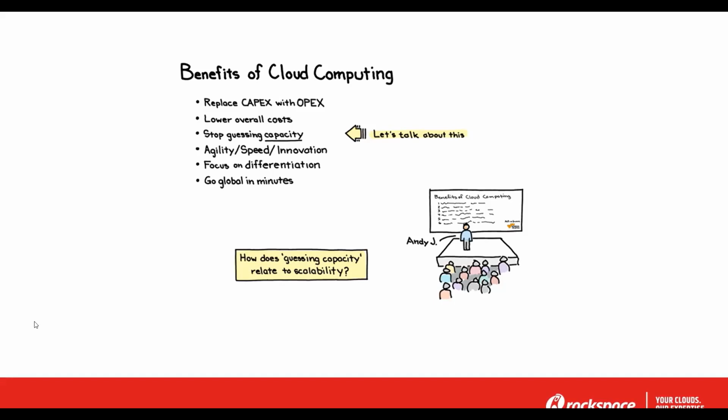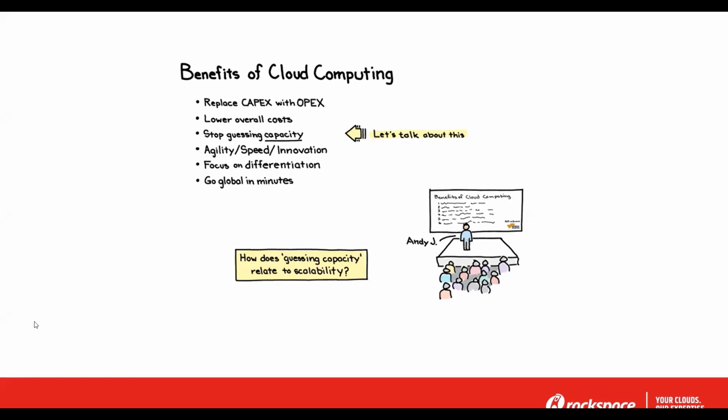You also, one of the benefits of moving to the cloud is just the agility and speed and innovation at which you can move on the cloud. It allows you to move very quickly from one product to another, from one iteration to another, and allows you to focus on your product and the aspects of your product that differentiate yourself from your competitors, and not focus on the actual infrastructure that's underneath it.